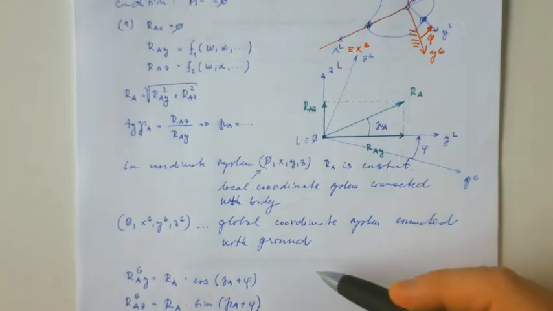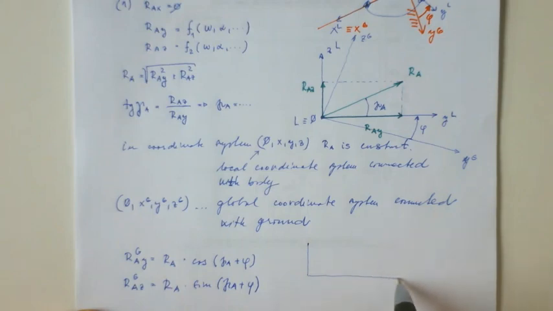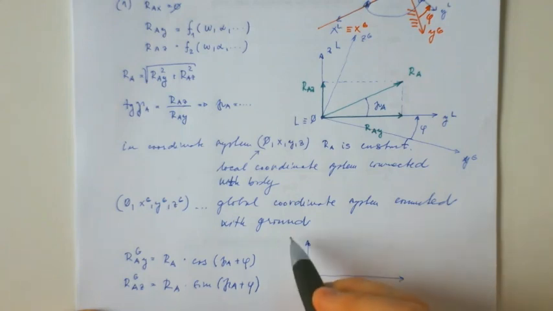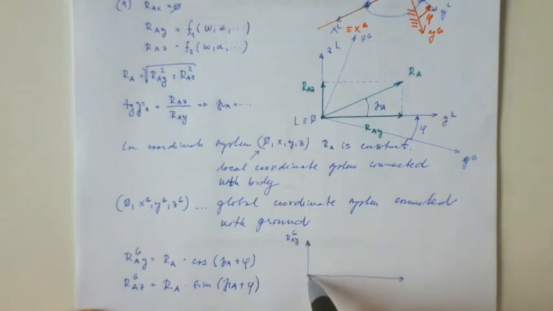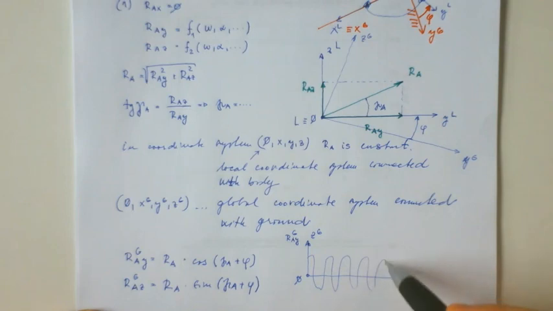So if we draw some individual component, for example RAy in the global coordinate system, there is Yg, there is Zg, we will get some sine or cosine function, and this makes vibrations.